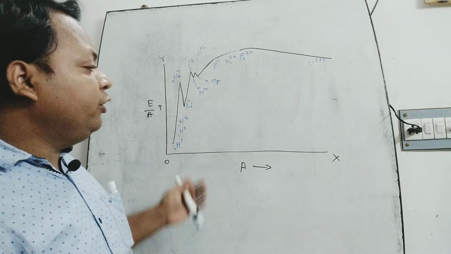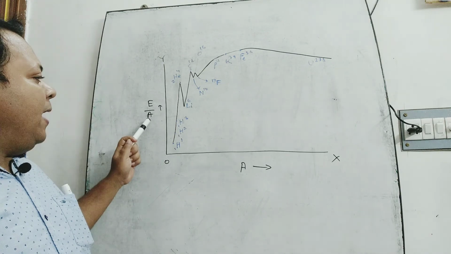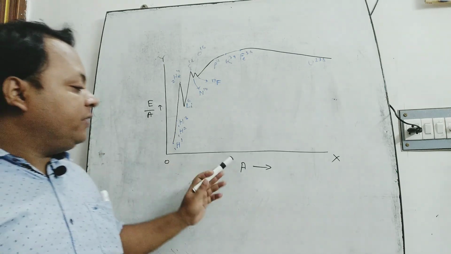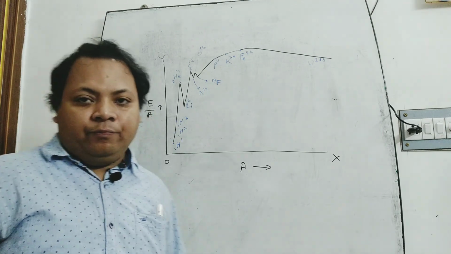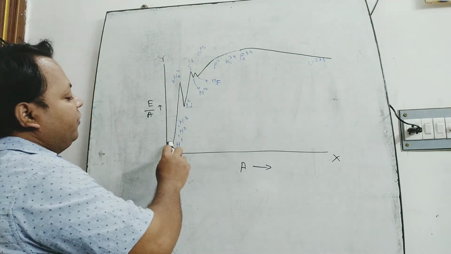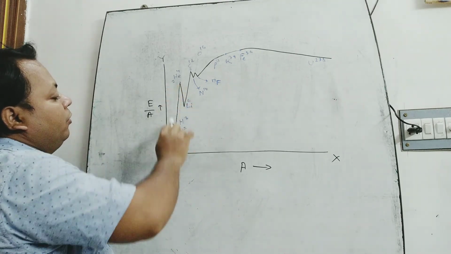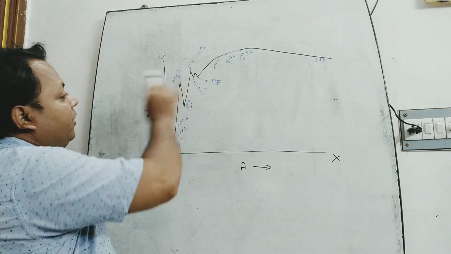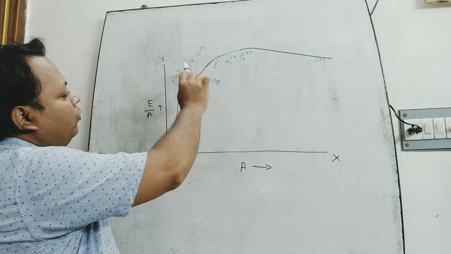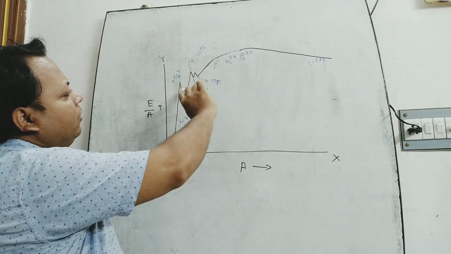This graph roughly shows the variation of binding energy per nucleon, E by A, versus mass number. You know that this graph starts from protium, then deuterium, tritium, helium, after that lithium, C12 carbon, nitrogen 14, oxygen 16, fluorine 19.